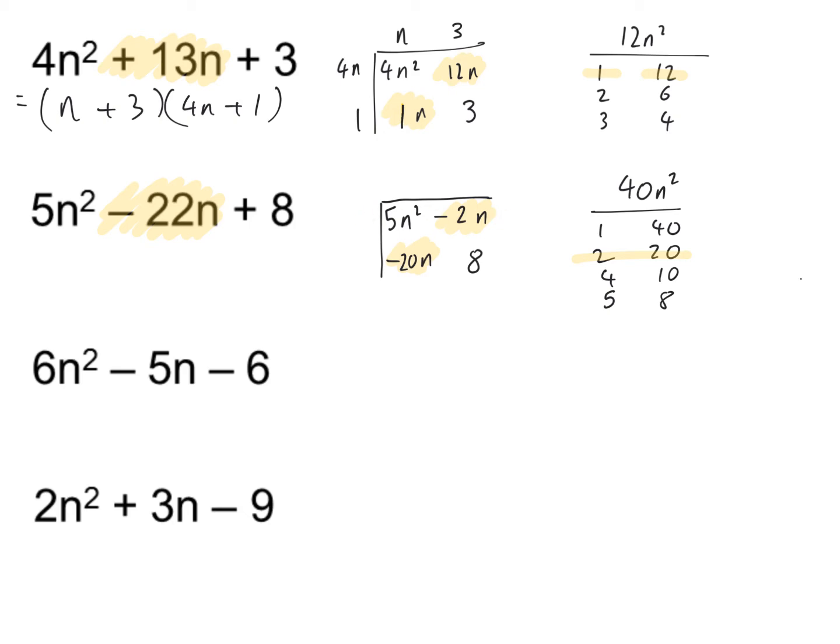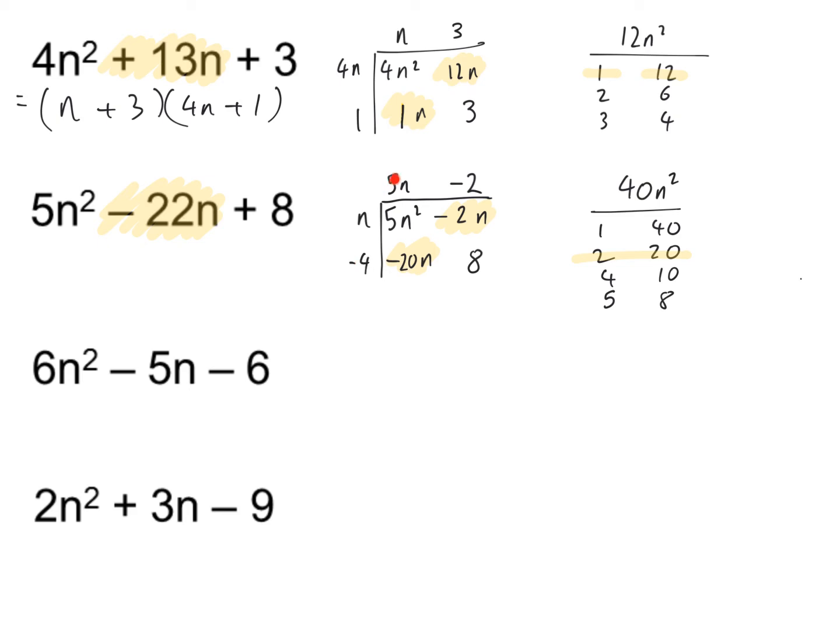So working with this top line, they don't have a number in common, but they've got an n. N times 5n will give me 5n squared. N times negative 2 will give me that negative 2n. Down here, 5n times negative 4 will give me that negative 20n. So let's just quickly check this.